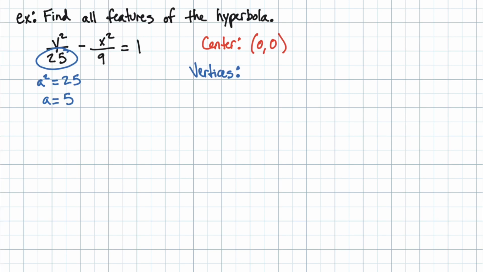I see that this is a y squared, which tells me that my shape here is going to be vertical. So that means my vertices move up and down from the center, which means the y-coordinate is going to change from the center. So I got 0, -5, and 0, 5.